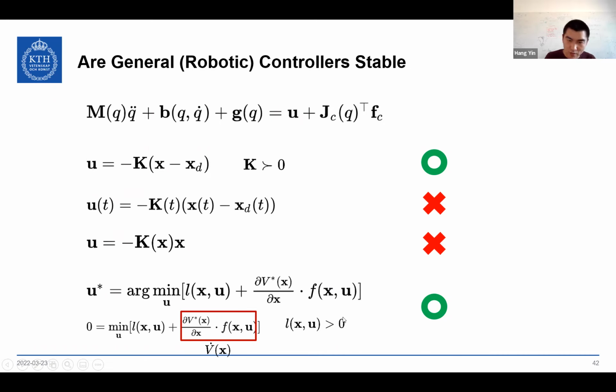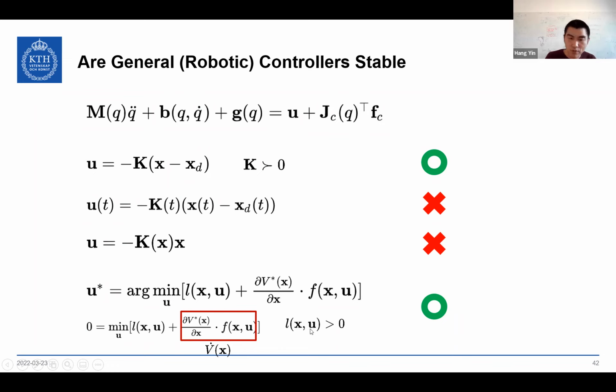It is stable, and especially if you just have a very simple, not simple, I would say, because you just need your cost function to be 0, but actually this is more restrictive than your Lyapunov function, because if you look at this, your value function here is actually more or less your Lyapunov function, this energy function, and this effectively requires the time derivative of your Lyapunov function to equal your running cost function.